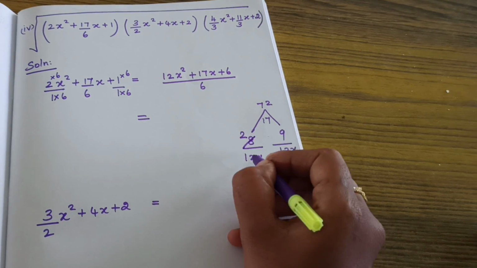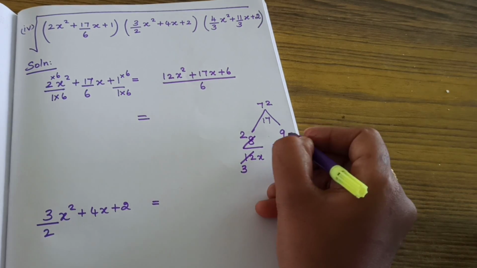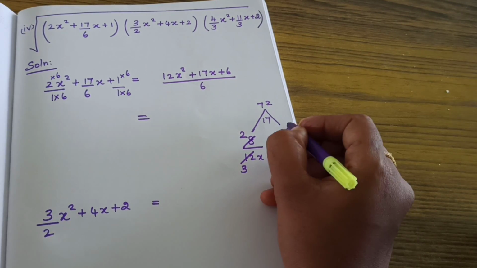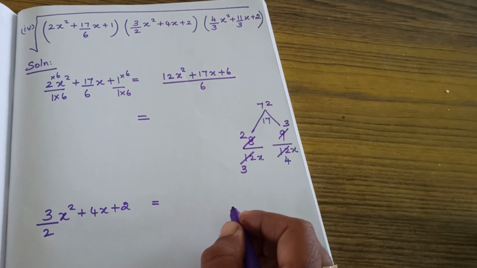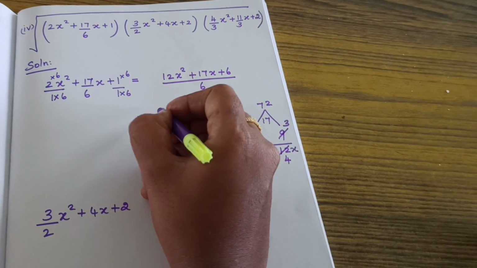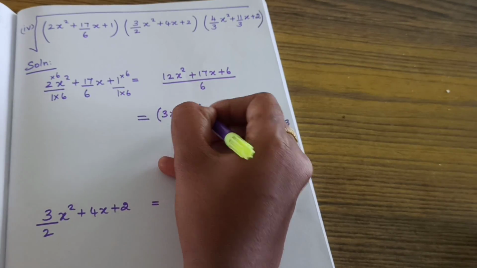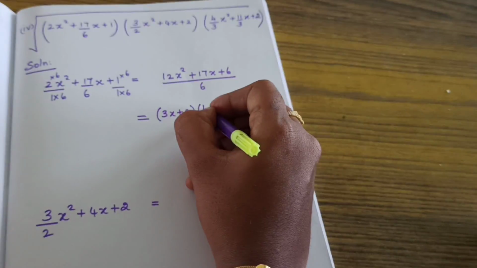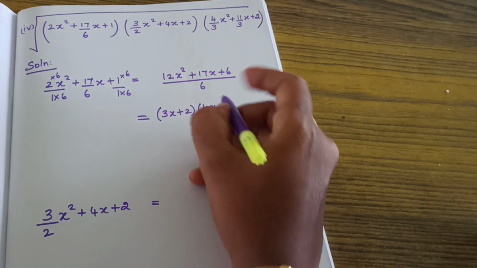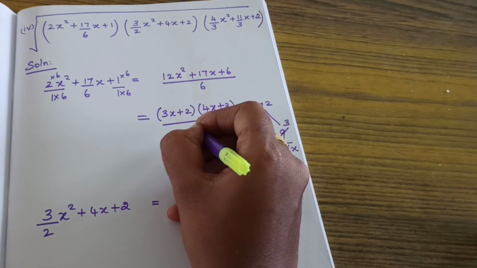So 4 2s are 8, 4 3s are 12. And this is cancelled for 3rd table. 3 3s are 9, 4 3s are 12. So after writing here, check this: (3x + 2)(4x + 3) divided by 6.